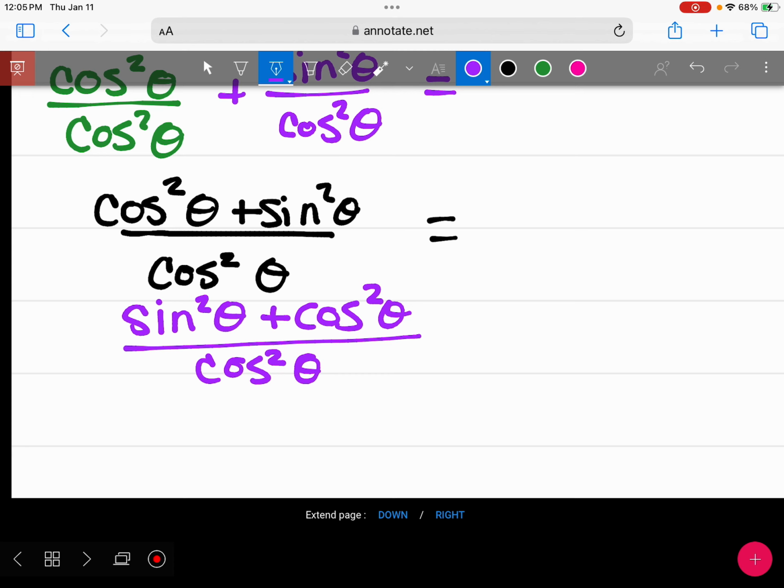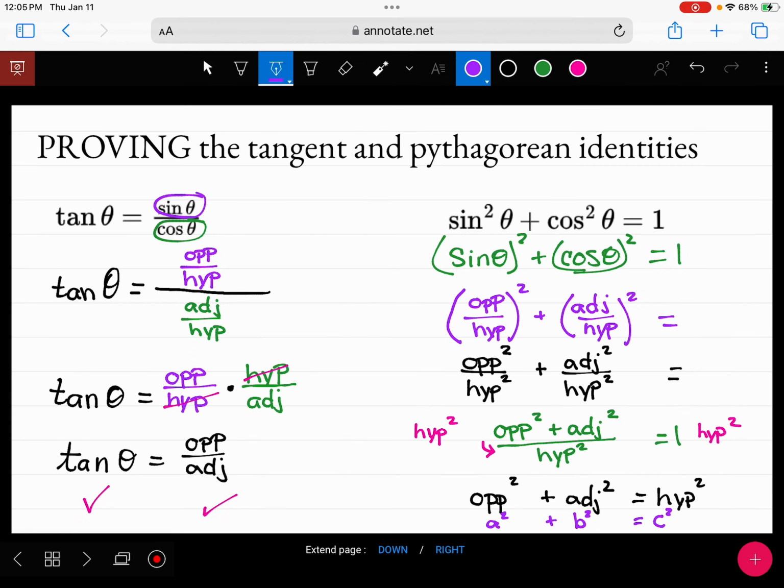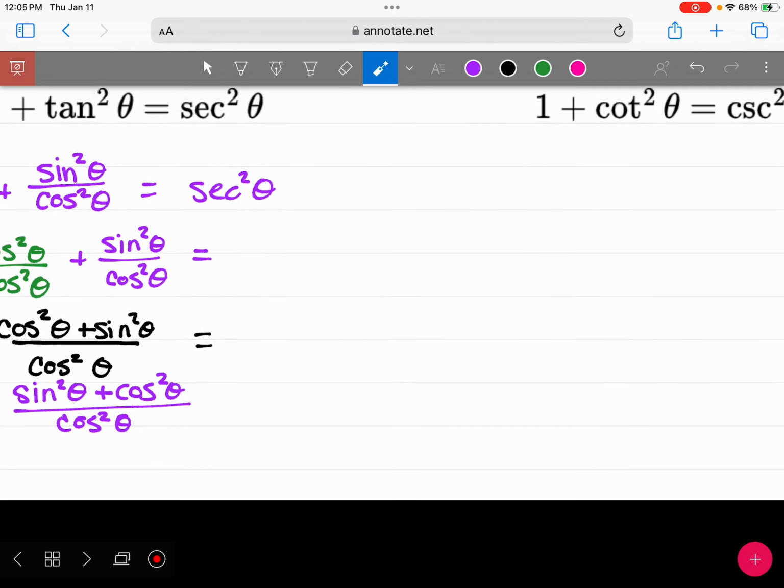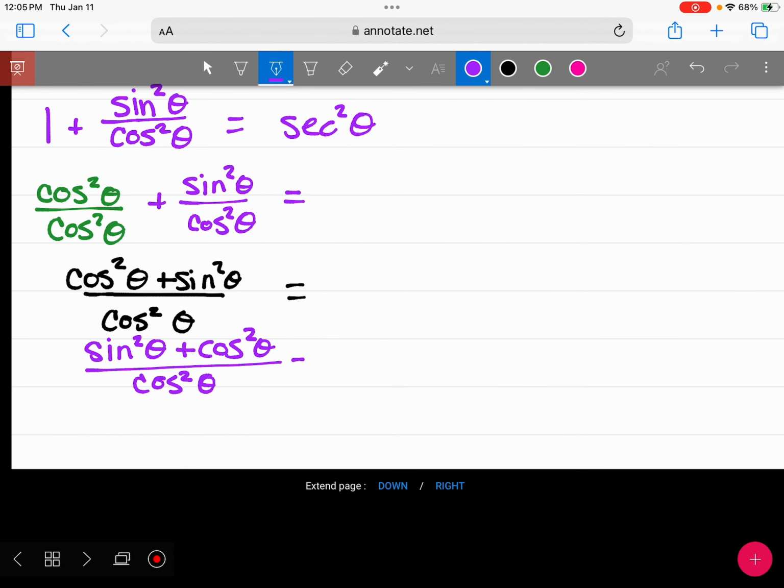And we just saw in that last identity that we proved, that when we have sine squared theta plus cosine squared theta, it equals 1. So what this really is, is 1 over cosine squared theta. And that really does equal secant squared theta.